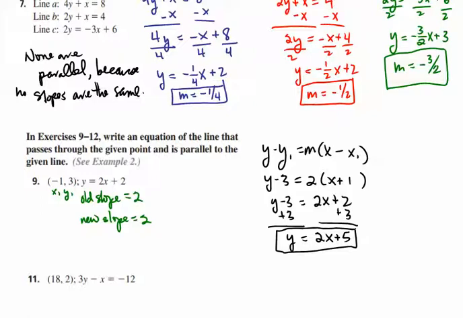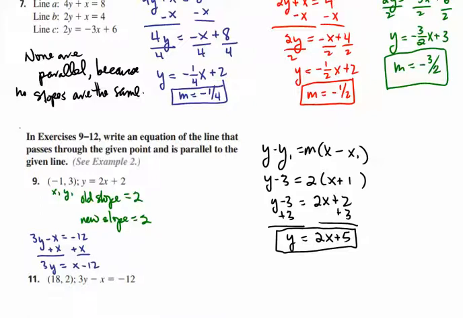We're going to do the same thing with the next line, and here we'll work in blue since we're running out of space. We have to first solve for y. So we have 3y minus x equals negative 12. I'm going to add x to both sides. So adding x gives me 3y is equal to x minus 12.